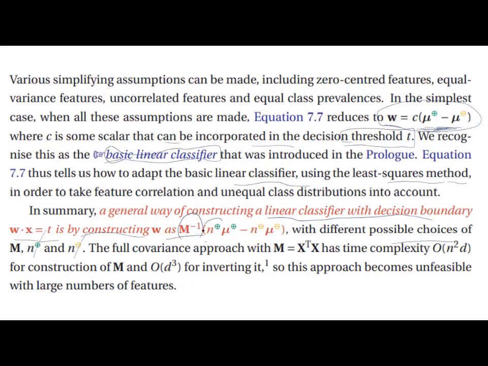The full covariance approach is with M = X^T X, with time complexity of order n squared d, and order d cubed for inverting it. This approach becomes unfeasible with a large number of features. It can be used only for a small number of features.